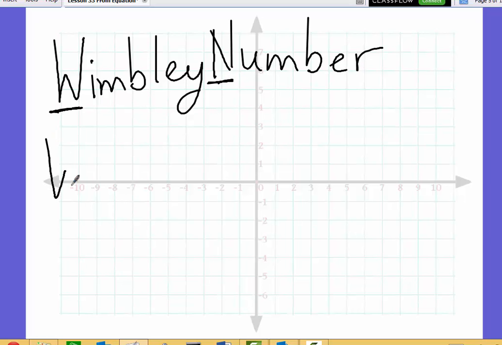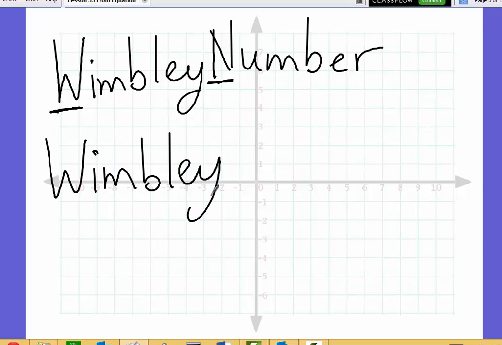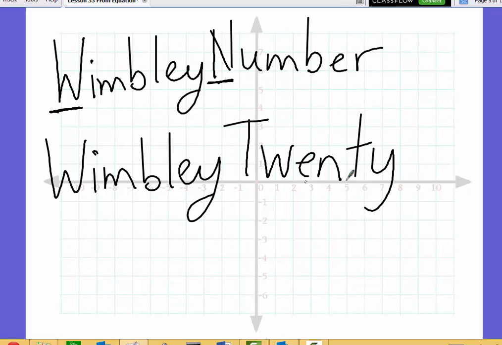So here's an example: Wimbley, and then 22. Since it's 22, I'm spelling out 20 with a capital T, and then that 2 with a capital T. So every single word, every new word starts with a capital.